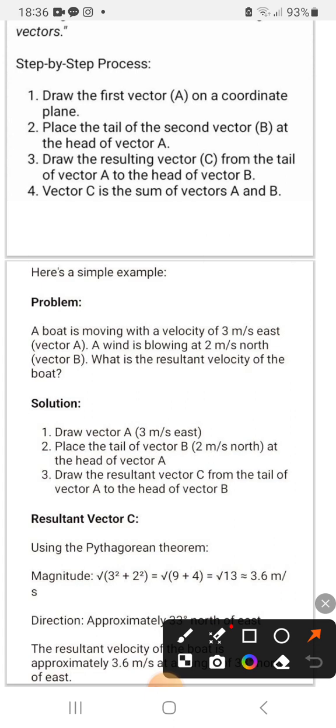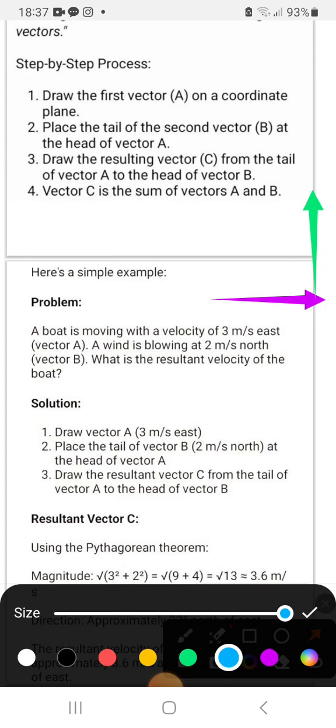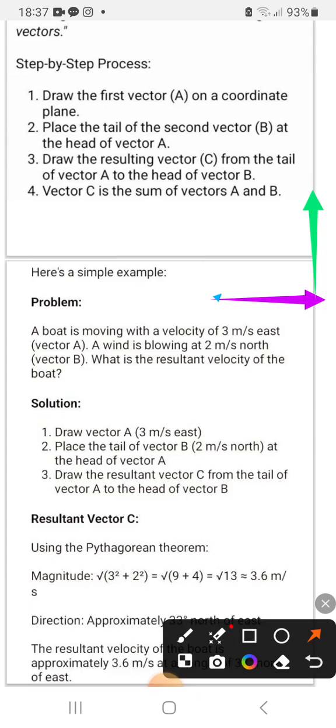First of all, we will draw vector A, which is 3 meters per second east. This is vector A. A wind is blowing at 2 meters per second north, which is the vector B. So we draw vector B, which is the wind at 2 meters per second north, and we place the tail of vector B at the head of vector A. This is our vector B. Now we draw a resultant vector from the tail of vector A to the head of vector B, like this.